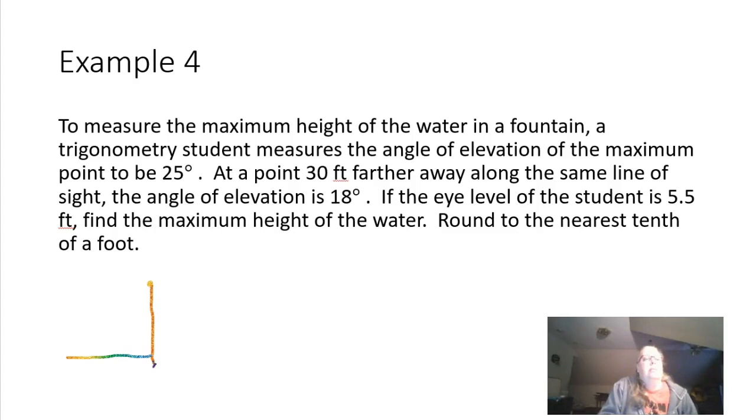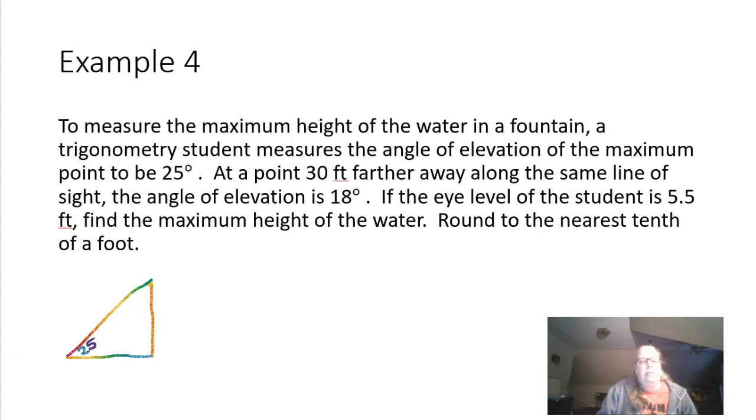Let's get that angle of elevation in there. They'll be looking to the top of the fountain. That means the person is looking from here up to that topmost point, and that angle is 25 degrees.